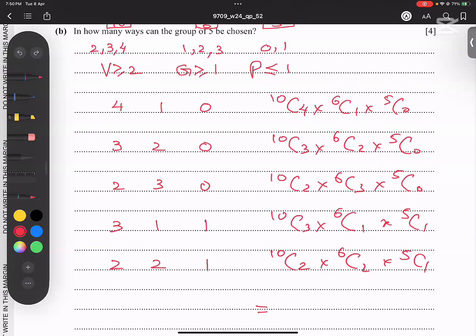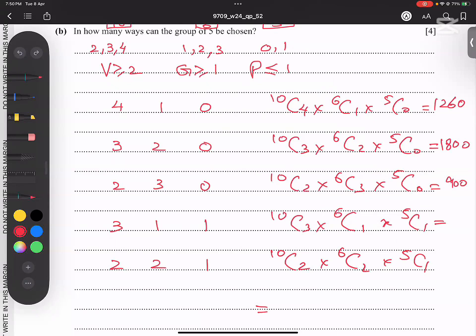So the first answer I am getting here is 1260. Second, I'm getting 1800. This is 10C2, this is coming 900. This is a 5 and this is 630.